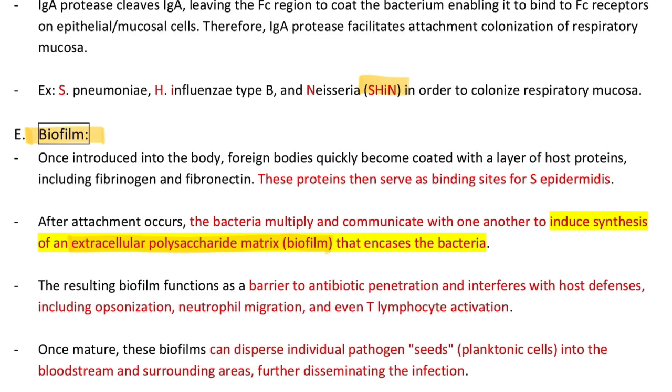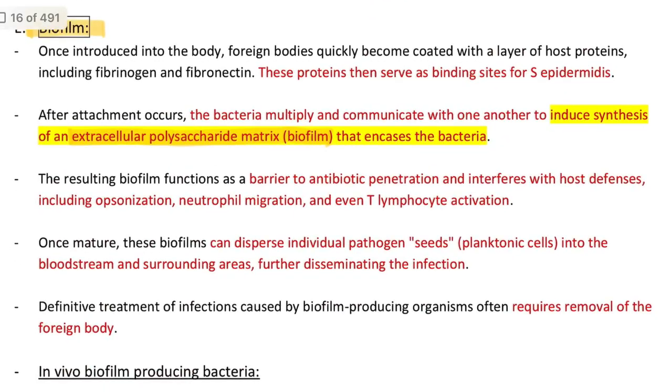First the bacteria will attach, then they will multiply, then they secrete the matrix and build the biofilm, and then they resist the immune system and antibiotics. Okay, this is very important, that's why I am going a little deeper.